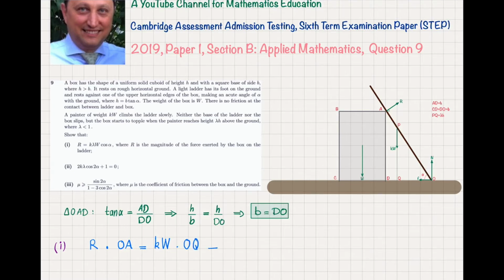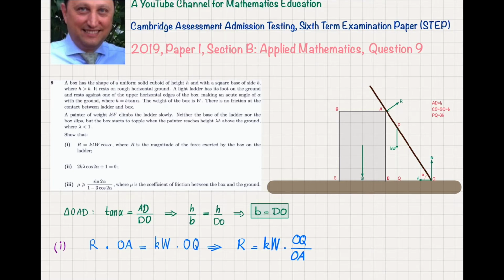But my point here is to find R, so I divide both sides by OA. This gives me R is equal to KW multiplied by OQ divided by OA.